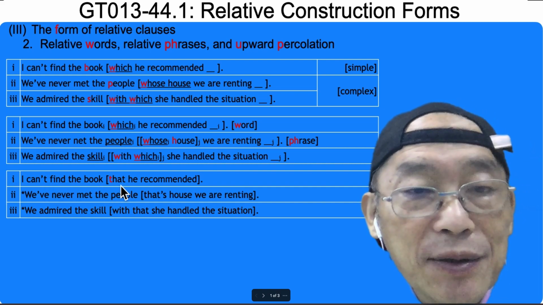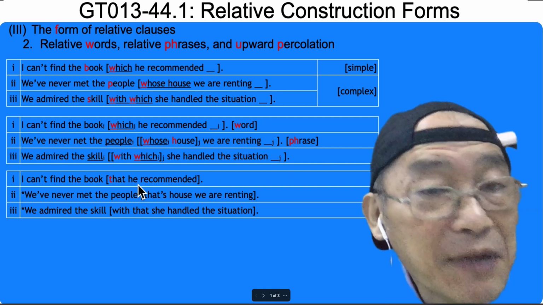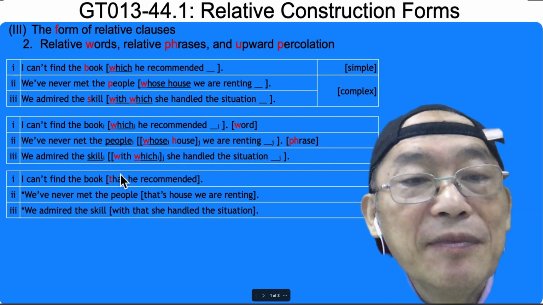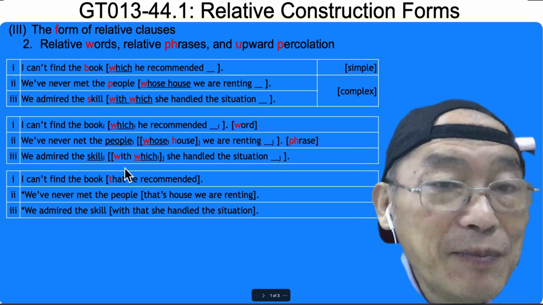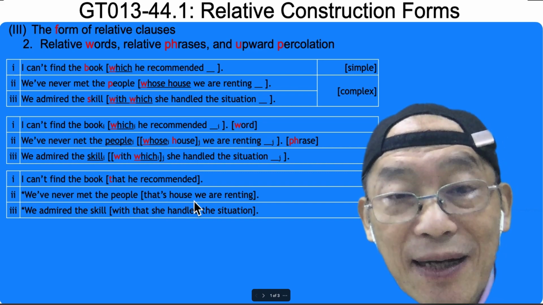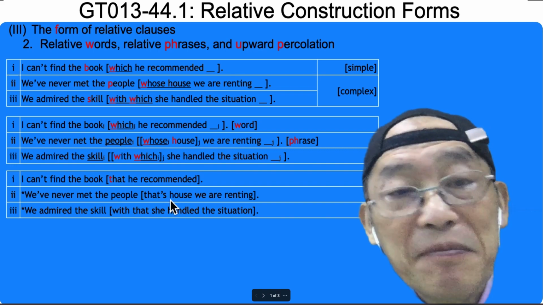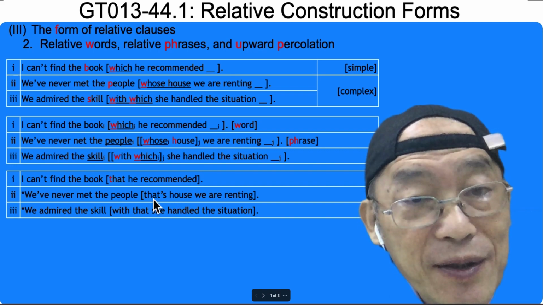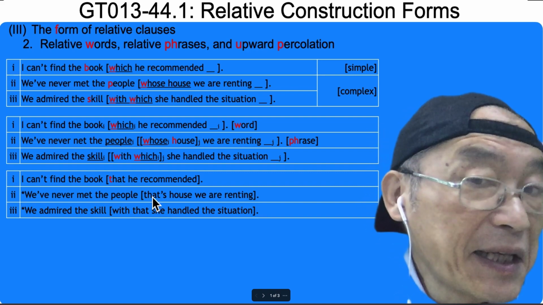I can find the book that he recommended. Fine. This one, fine. Original is which. You can use that to replace which. Never met the people. That's house. If you need to use percolation, you cannot use that.